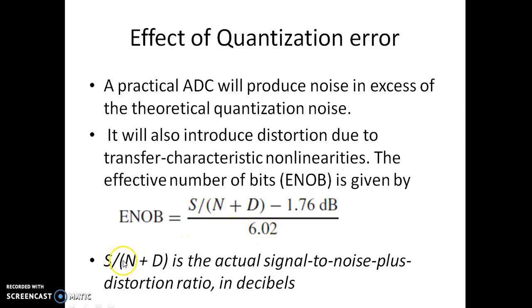Here the signal divided by noise plus distortion is the actual ratio in terms of dBs. In the earlier case, we saw the signal to noise ratio, which is the ideal case. In the practical case, we're going to have some distortion also, so distortion noise is included here. So the effective number of bits is given by this particular equation.